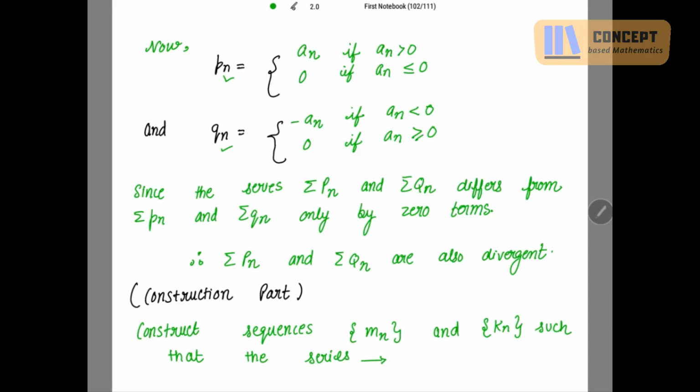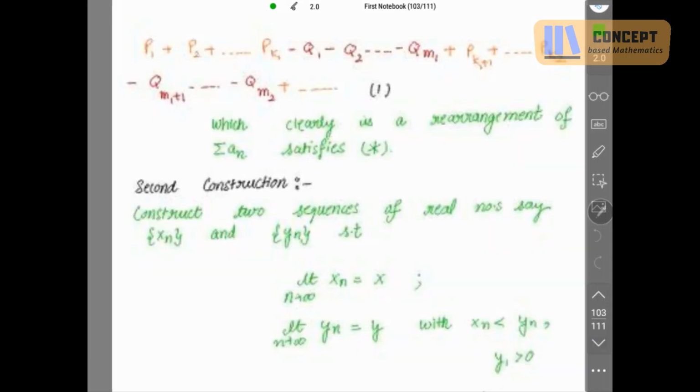Now the construction part. Now we have to construct the sequence. We have to rearrange the terms of summation An now. So construct the sequences mn and kn such that the series... just listen carefully, this is very important, how to construct the sequence. I am taking the first k1 terms of positive terms, followed by the first m1 terms of the negative terms, that is the absolute values.